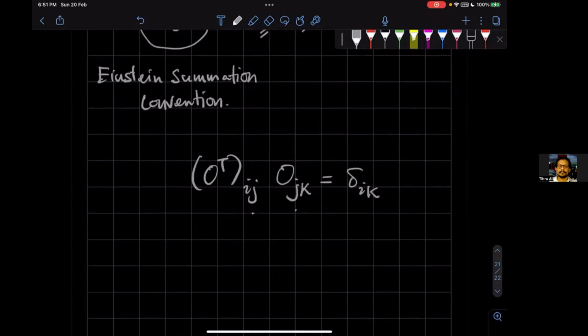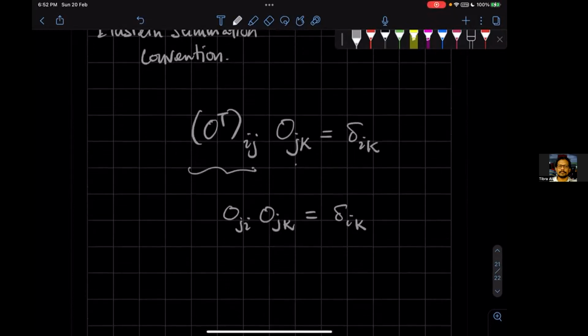So O transpose Ij is OJI, right? That is the definition of transposition. So how many independent equations are there here, noting that this is symmetric in I and K?